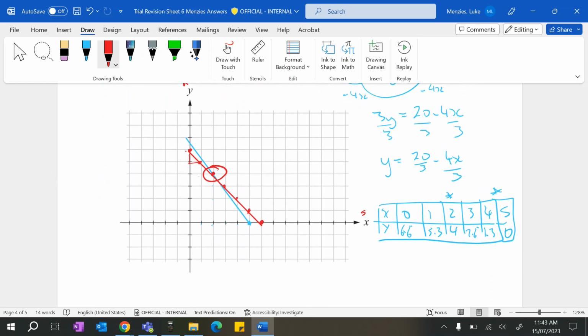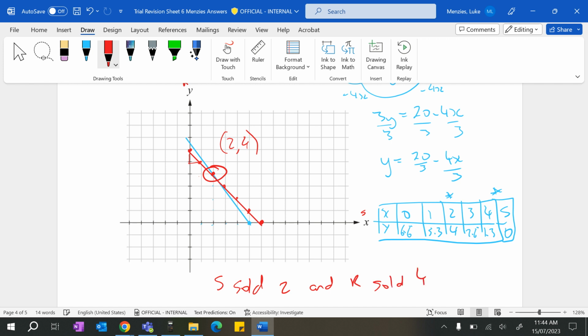So this answer here of 2, 4: in this case, S sold 2 and R sold 4.